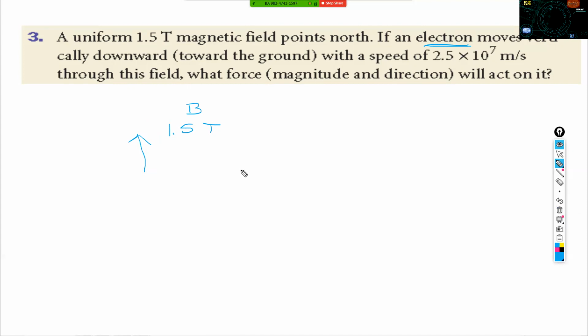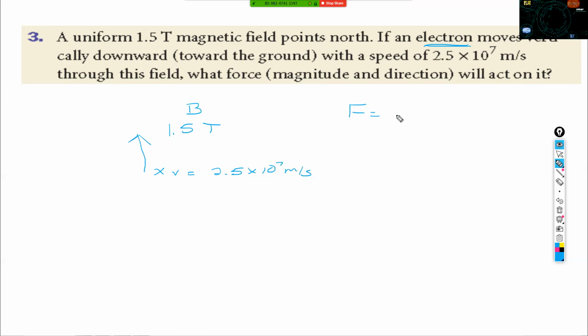The electron is moving vertically downward. Okay, so that tells me downward into the page would be my velocity vector. Again, because they told me north, south would be down my page. Downward in this case is into the ground. So the velocity vector would be 2.5 times 10 to the seventh.